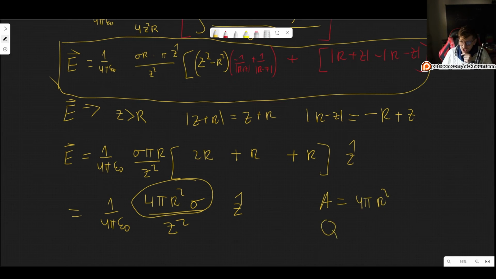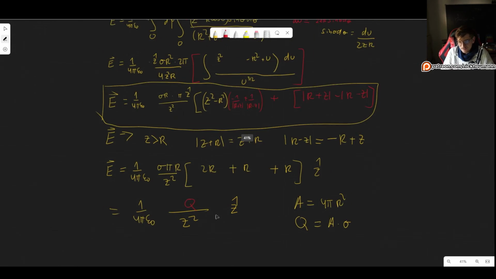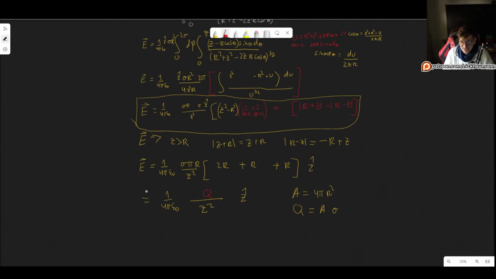And the total charge we know is its area times its density, right? It's charge density, what the charge is per unit area. So what we have here is exactly the total charge that is in the entire sphere or an entire shell. And look at this. This is exactly the formula for a point charge.